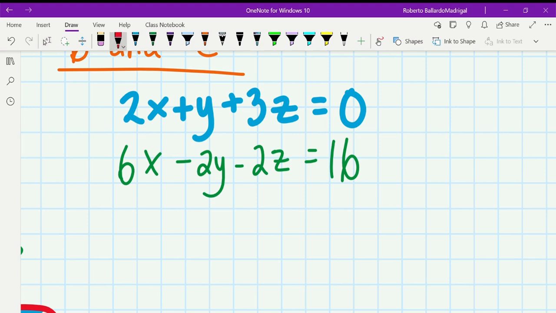So, how do I get 3 to become 6? I multiply by what? By 2. How do I get 2 to become 6? Multiply it by, not negative, because it's already negative. I don't want them both to be negative. In this case, just positive 3.